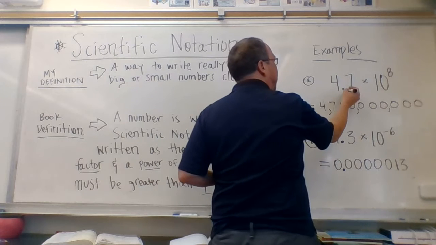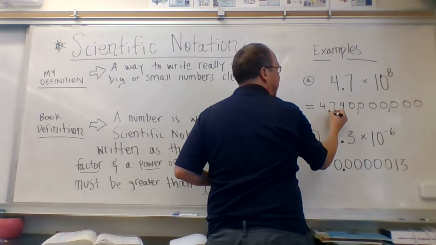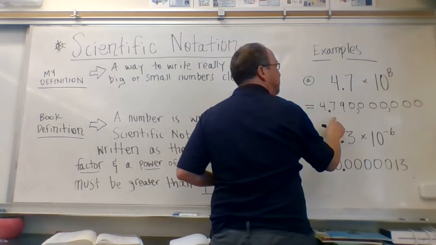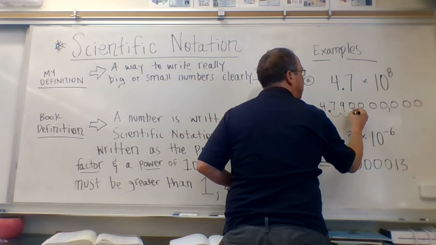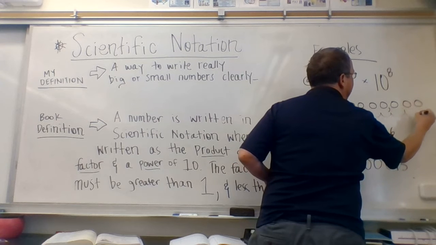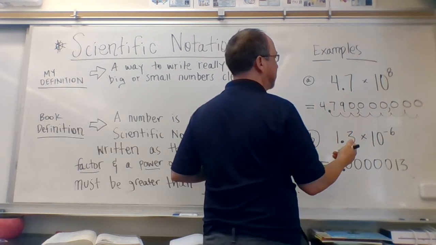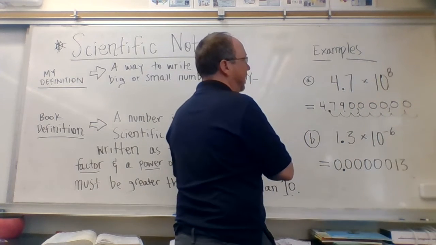So if we started here, you can imagine it's 4.7. I'm going to make that a decimal point for just a moment. Then I'm going to move the decimal point 8 places to the right if it's positive. So 1, 2, 3, 4, 5, 6, 7, 8. I might have added in too many zeros there. I think that I did. So I'm glad that I checked that.